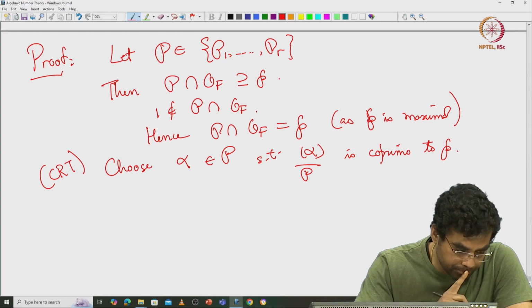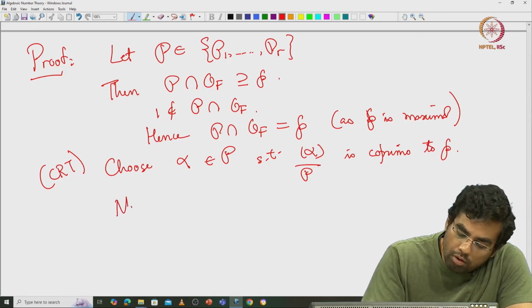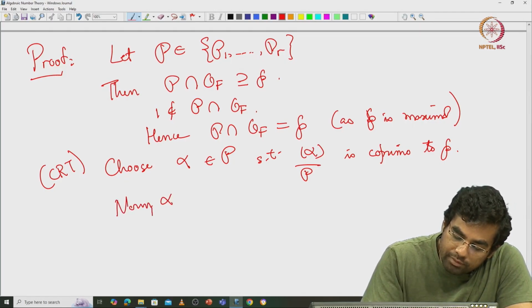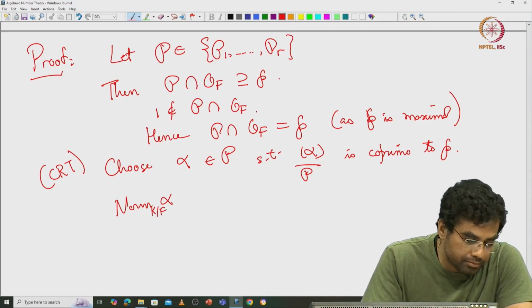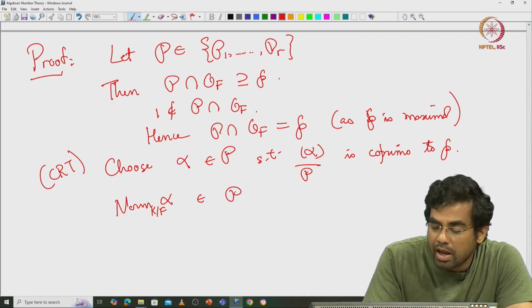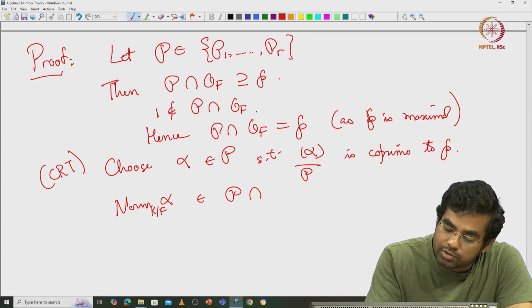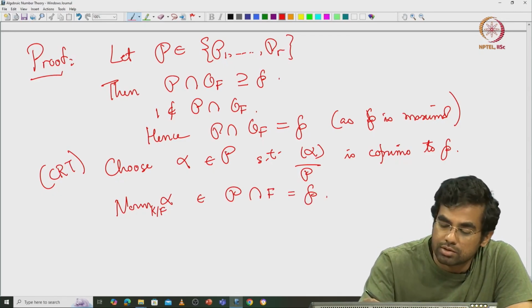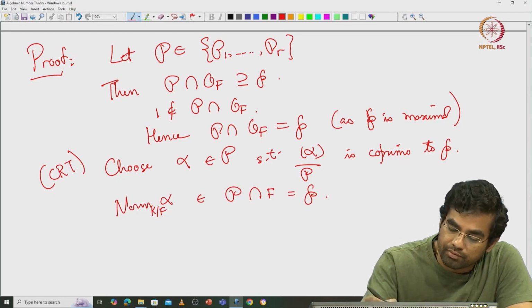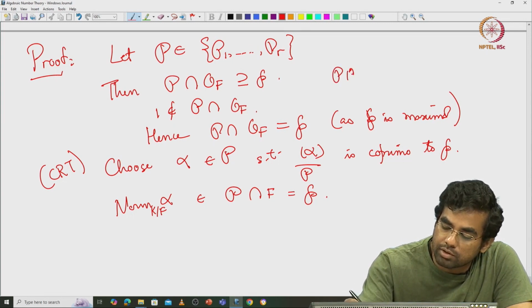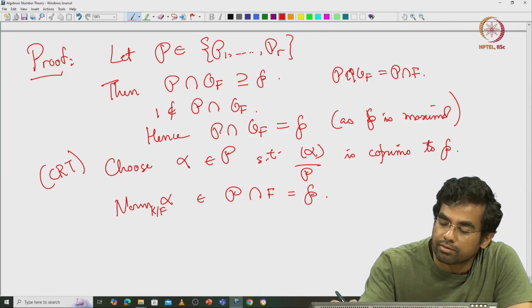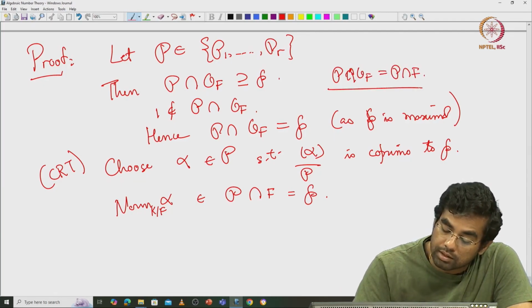But if we take the norm of the element alpha from K down to F, then on the one hand it belongs to P because alpha belongs to P, on the other hand its norm belongs to F, which means that it belongs to P. P intersected with OF is the same as P intersected with F, as we had earlier.